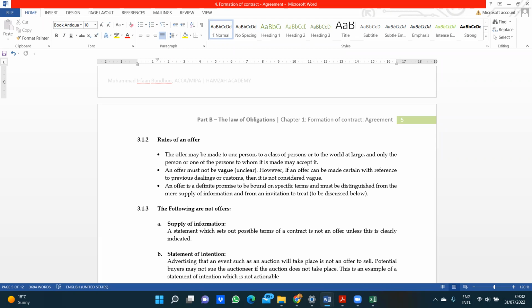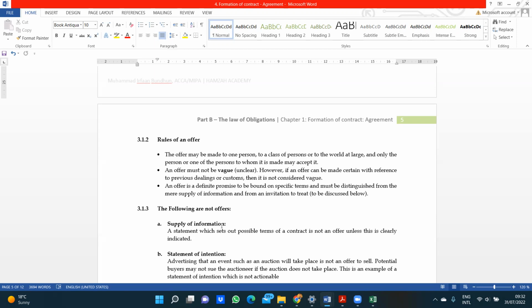However, if an offer can be made certain with reference to previous dealings and customs, then it is not considered vague.